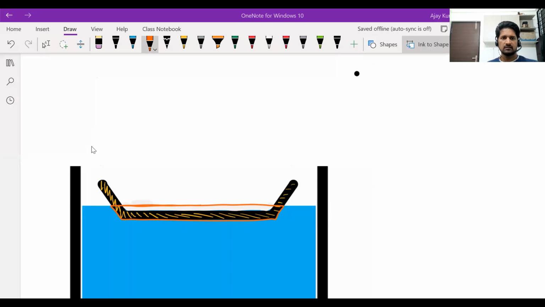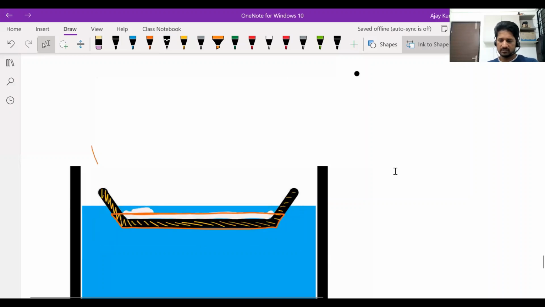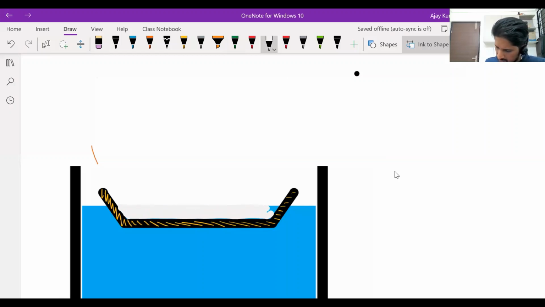As a result, once the boat sinks to a sufficient extent, not completely, but to a sufficient extent, maybe this much. Okay, just a random example that I'm taking. Exact value depends on exact materials and all. So there is a cavity here. Fine. The boat takes air along with it into water.